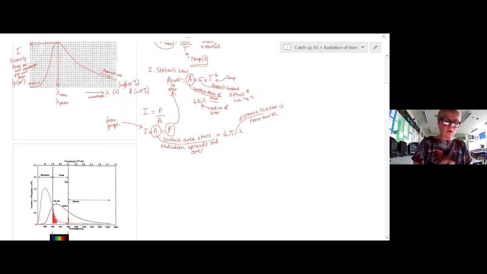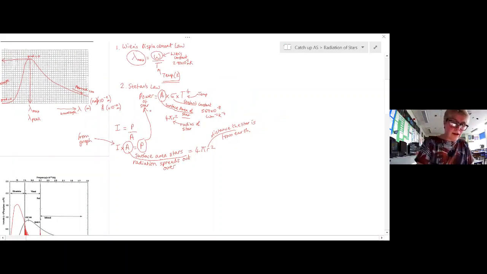So if you calculate the power of the star from the intensity on the graph, you will have sigma, which is Stefan's constant. You will have T, because that is the temperature at the maximum peak wavelength, so you can track that back from Wien's law.